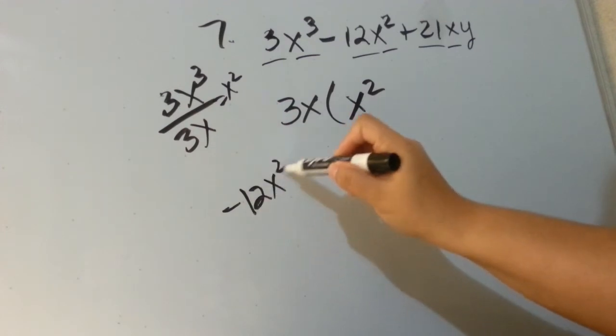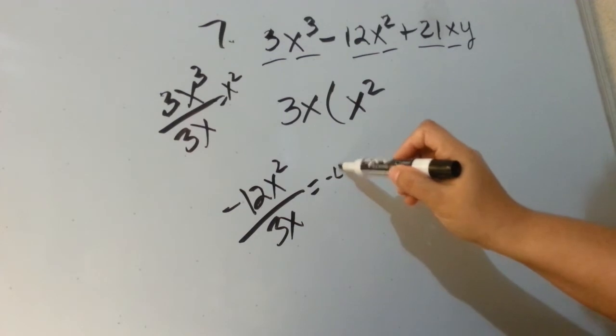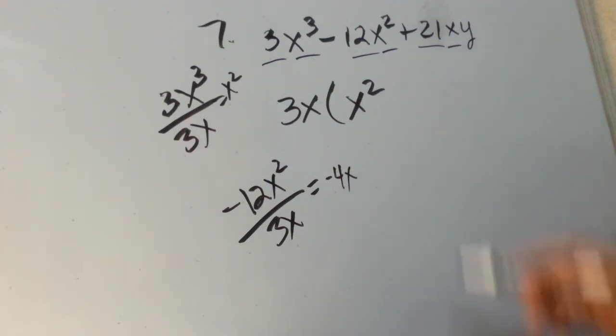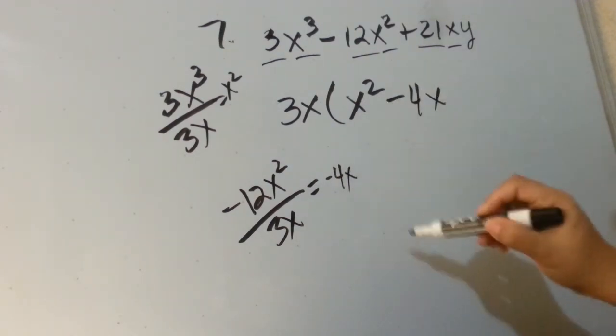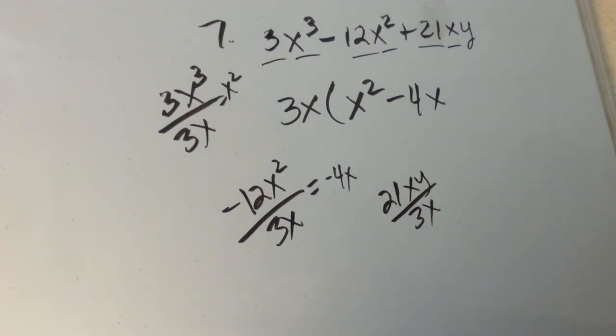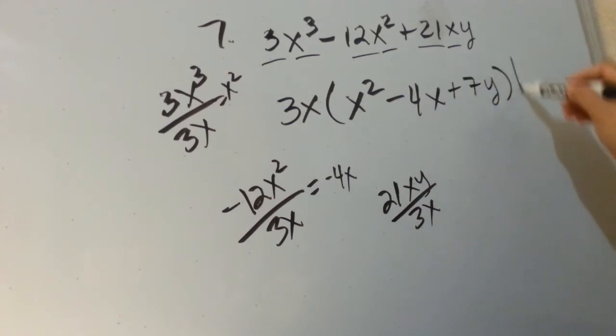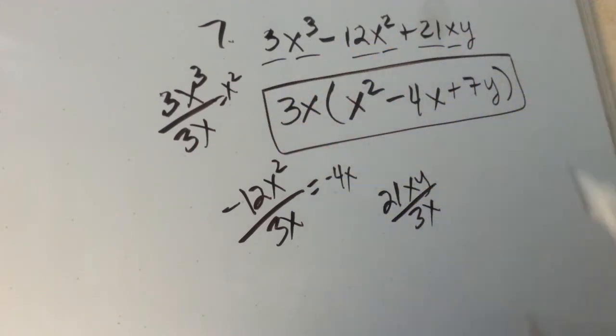Negative 12x squared divided by 3x is negative 4x. And 21xy divided by 3x is 7y. That would be the answer.